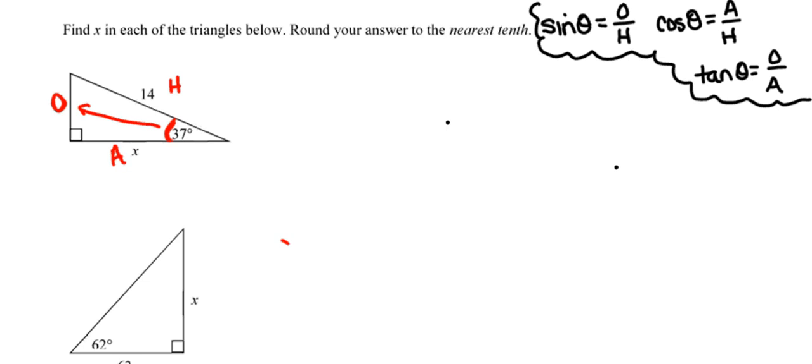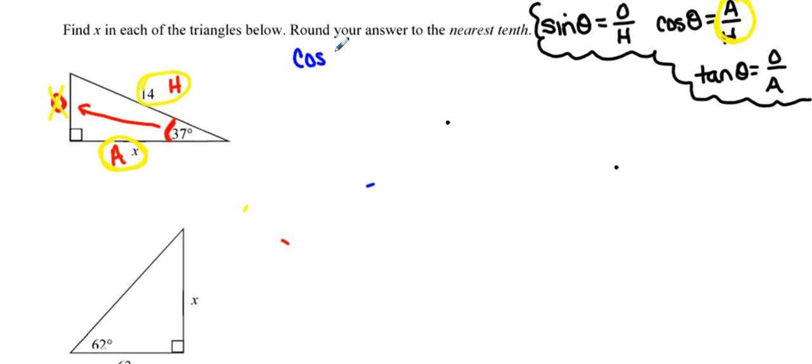I don't know the opposite, and I don't want to know the opposite, but this problem deals with the side adjacent to the angle and the hypotenuse. My trig ratio that deals with the side adjacent and the hypotenuse is my cosine ratio, and therefore I'm going to use the cosine function in order to solve this problem.